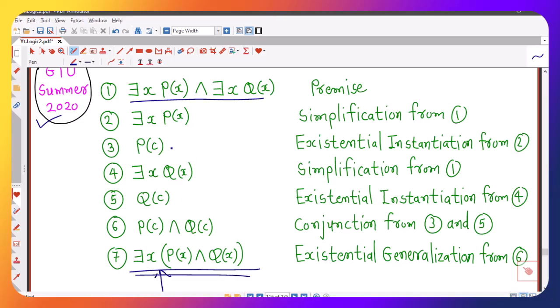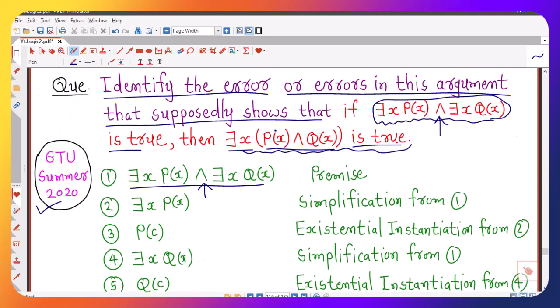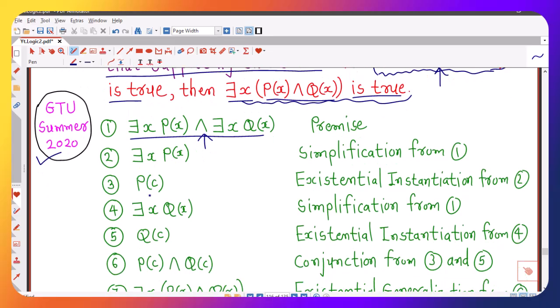So they have used all these steps to derive this conclusion from this premise, and we have to check the validity of all these steps, or we have to show that whether this is valid argument or not. So what we can do is we can check all these steps one by one. We can check the corresponding reasons, and we have to identify if there is any error or errors in this method of rules of inference for quantified statements.